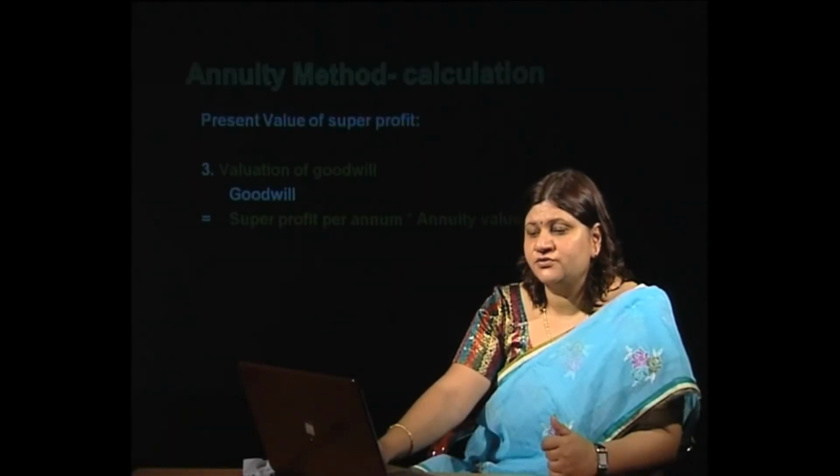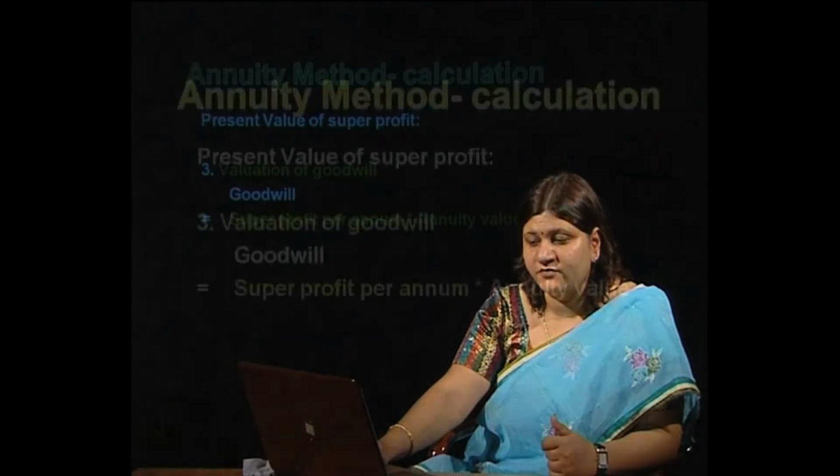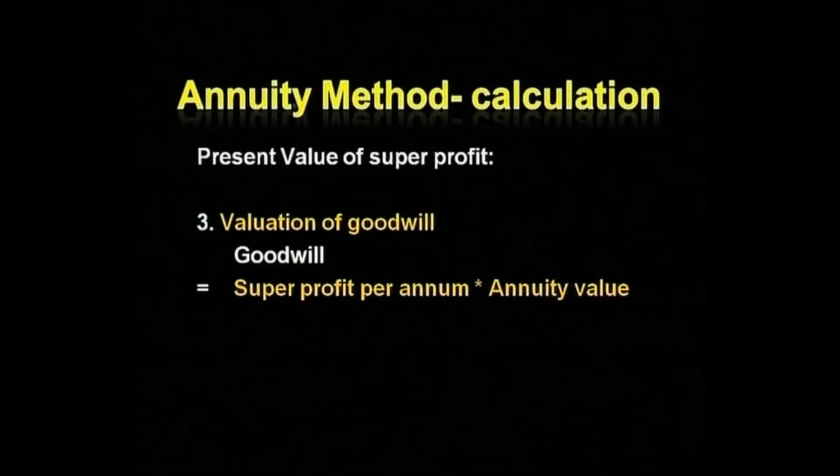The value of the goodwill is then ascertained using this formula: super profits per annum into annuity value. This is the method to be employed to compute the valuation of goodwill, where the present value of the super profits is taken into consideration.